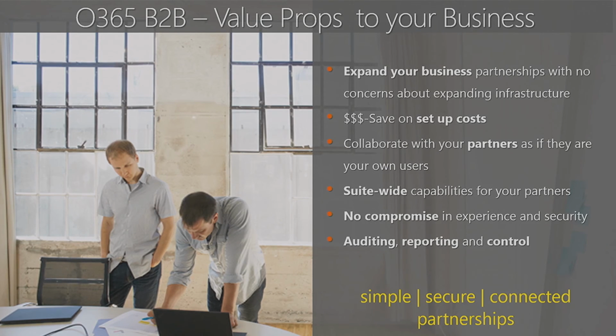Whereas by having this collaboration happening in Office 365, you no longer have to worry about expanding your infrastructure. Rather, you worry about how you can go from 100 to 2,000 in the next year. So you can focus on the actual business itself and grow into more and more partners. It allows you to scale out very quickly.